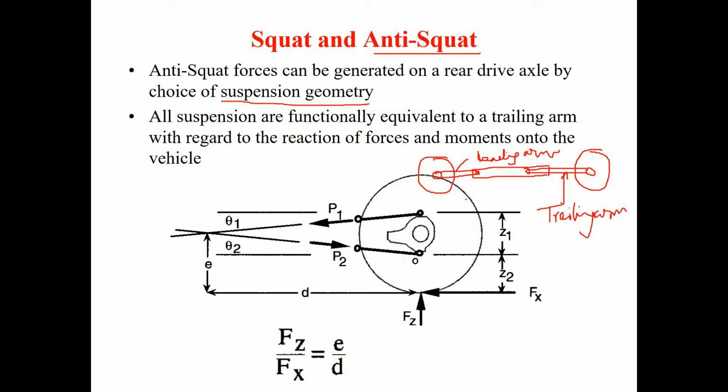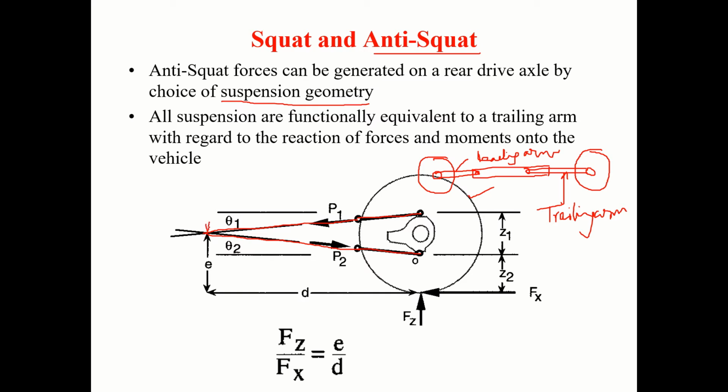So now I have just considered the rear wheel. These are the arms, upper and lower. If I just produce these lines, they meet at an imaginary reaction point.